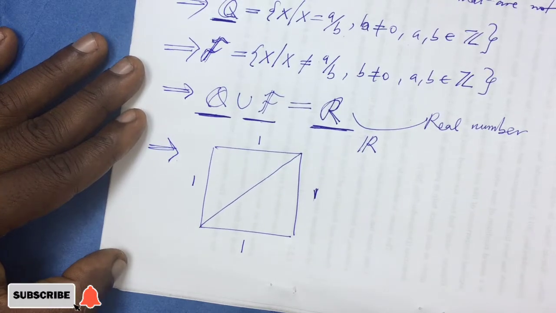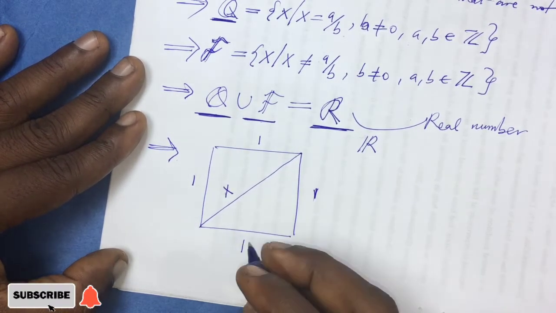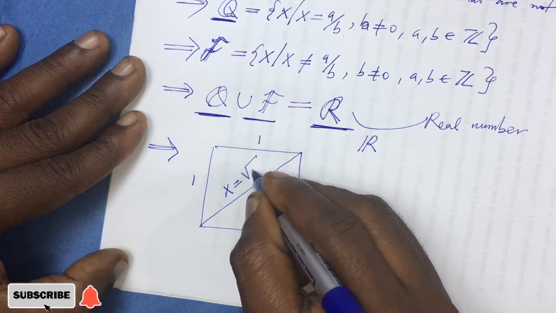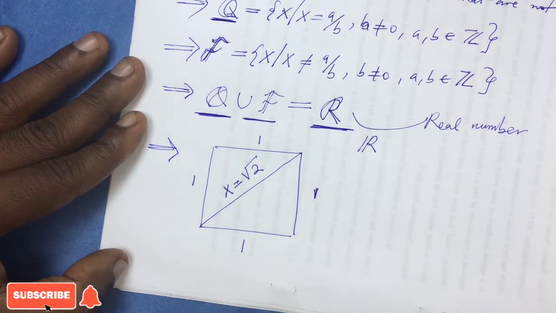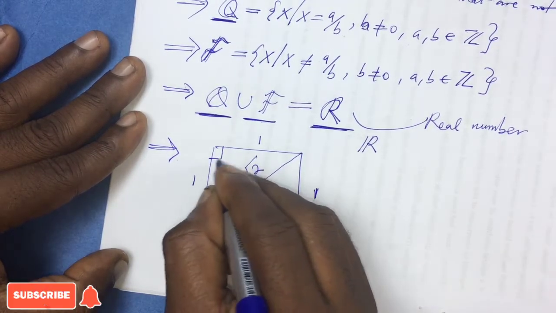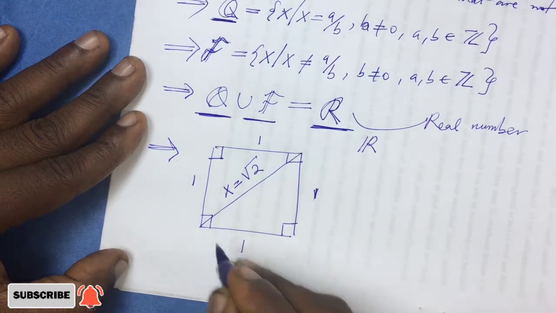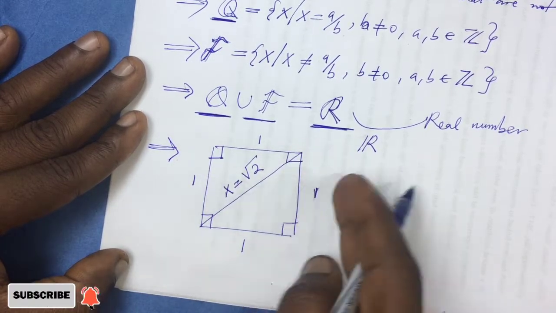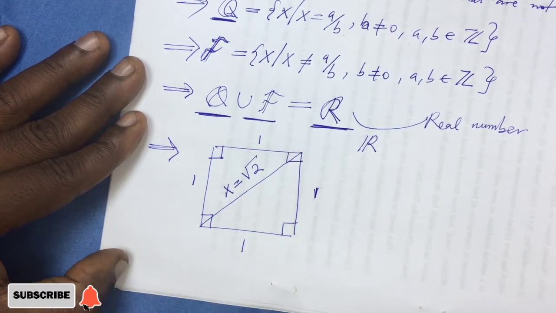Now, they got a result x, which ended up giving them square root of 2. Okay? Now take note, if this is a square, then at every vertex of this square you have a right angle. Okay?